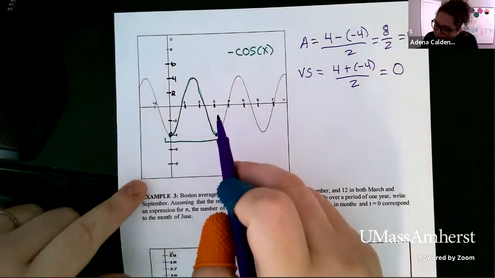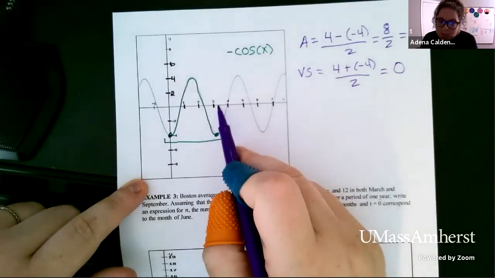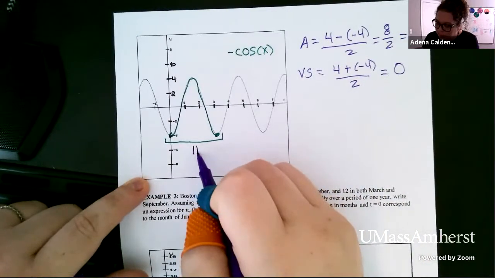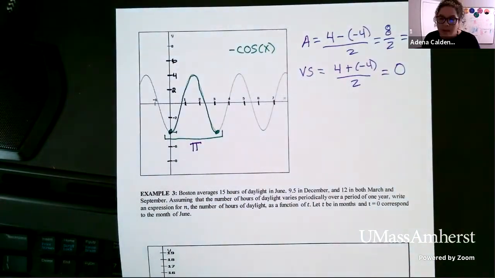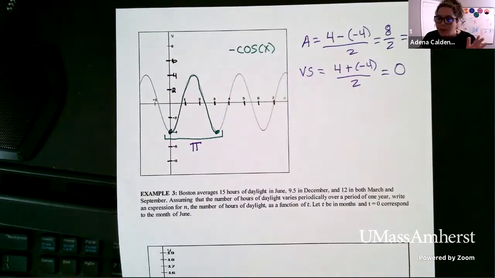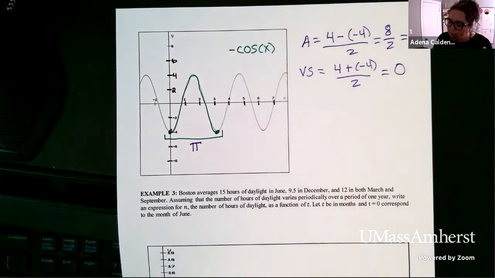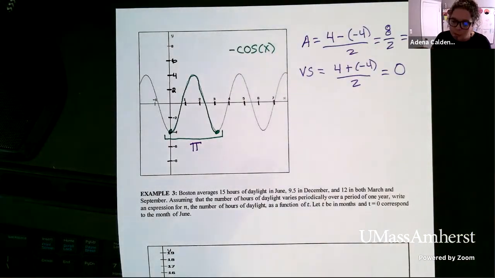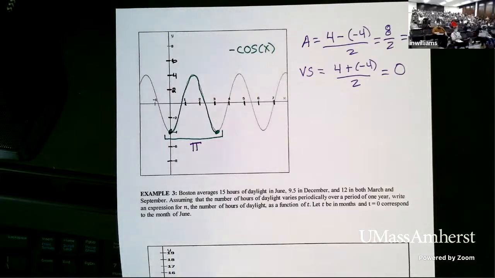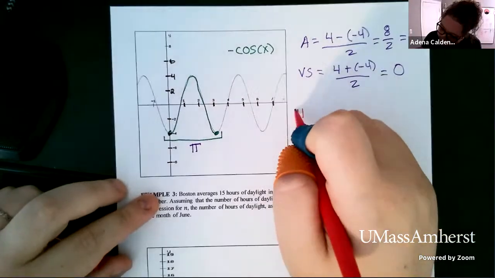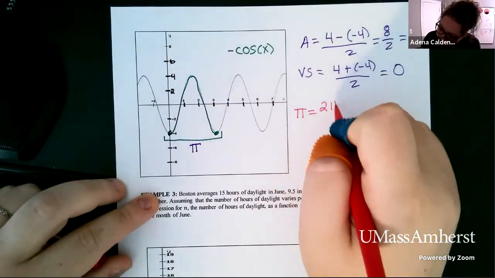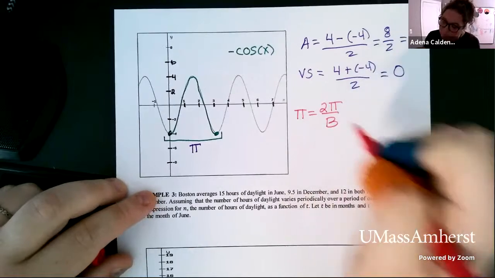So again, since this happens a little bit past 3, I'm pretty confident that the period here is pi, right? If you're a little bit past 3, you're at pi. If you're a little bit past 6, you're at 2 pi. So what I need to do here for the period is take pi and set it equal to 2 pi over b.